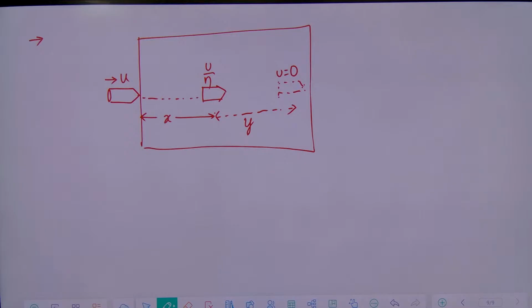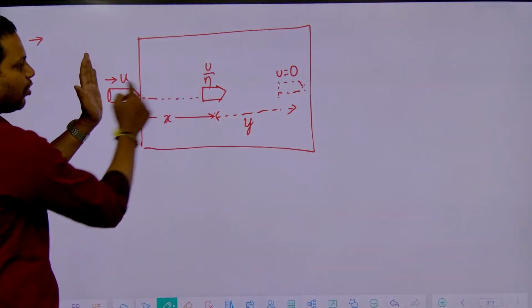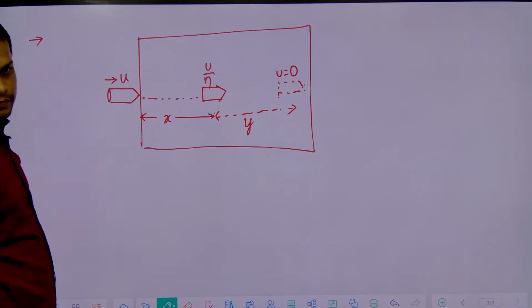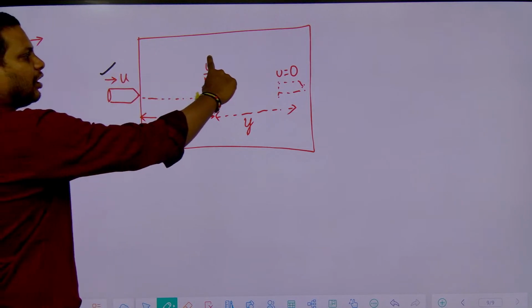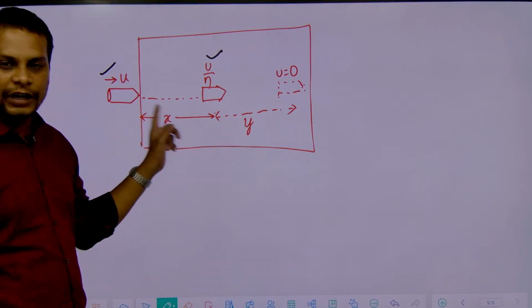Now tell me, you can take this into two parts. This is the first part, this is the second part. For the first part, what is the initial velocity? u. Final velocity? u by n. Initial velocity we have, final velocity we have. Distance we have. What is the distance in the first part? x.